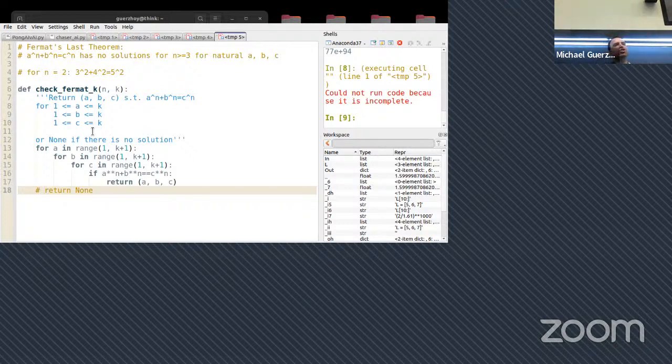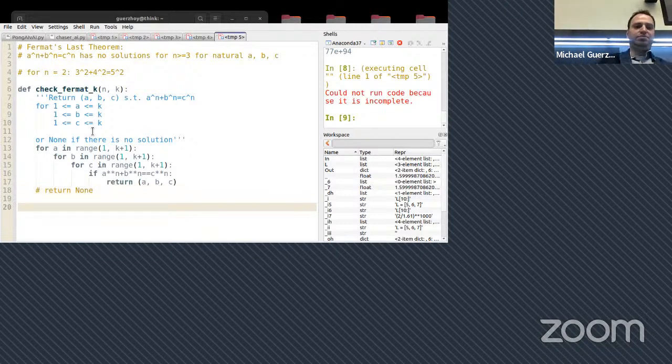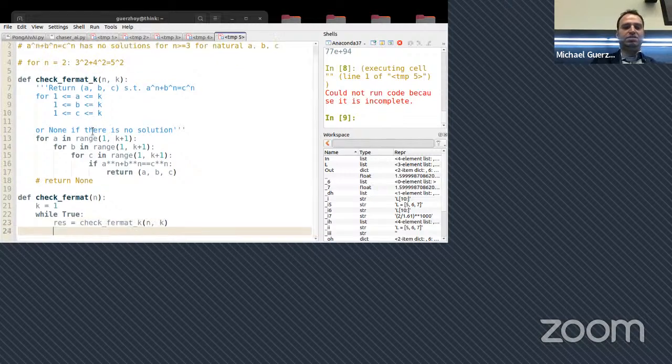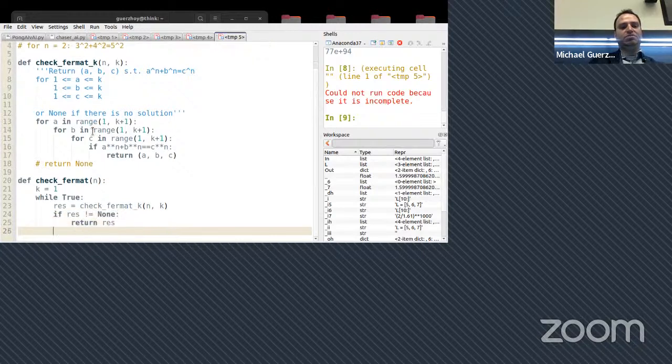So now that I have this function, how do I check whether there is a solution at all? Well, I just keep increasing k. I'll check this, and if res is not none, I'll return res.